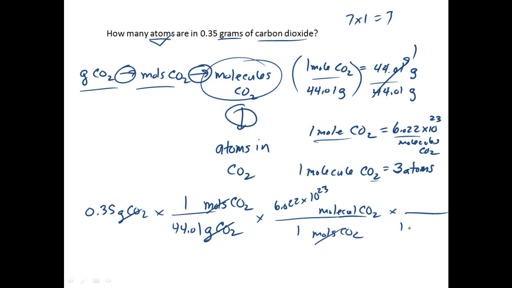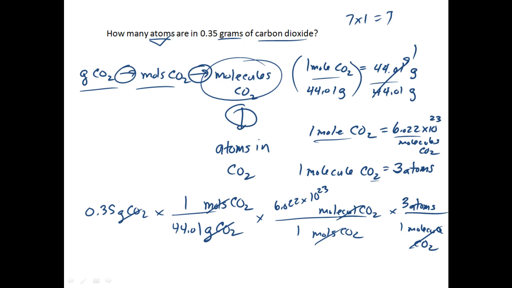So for every 1 molecule of carbon dioxide, we have 3 atoms. 1 atom of carbon and 2 atoms of oxygen. So the molecules of carbon dioxide cancel out here, and what we have left is atoms of carbon dioxide.